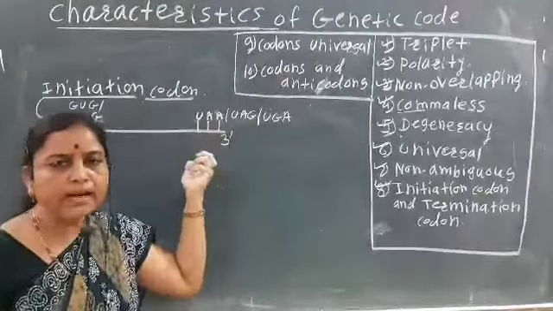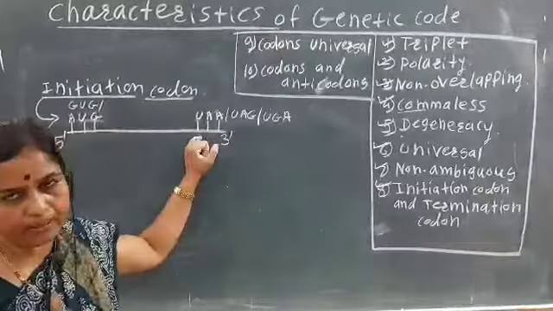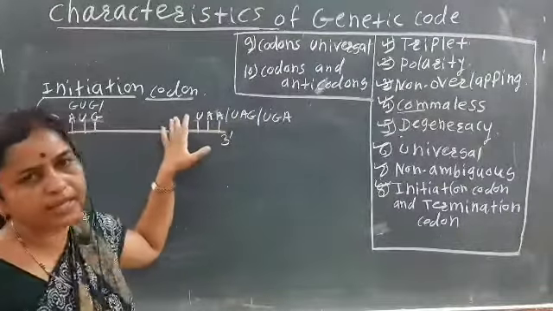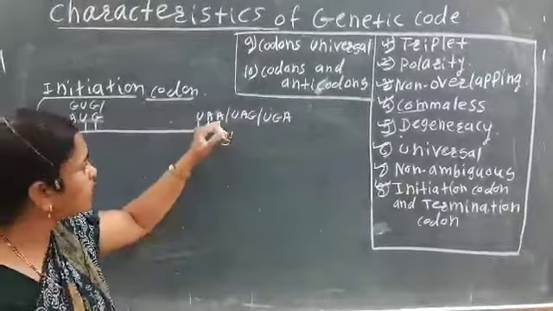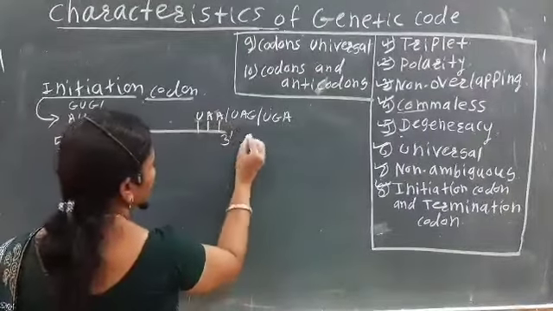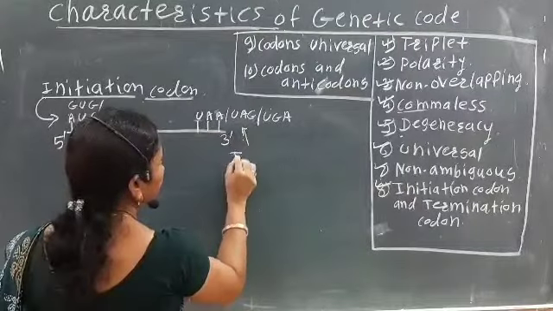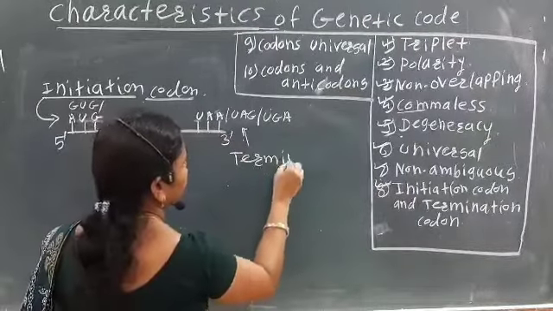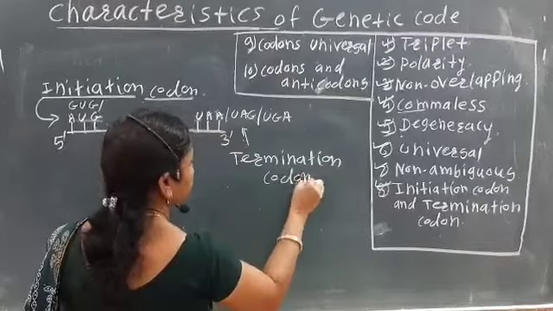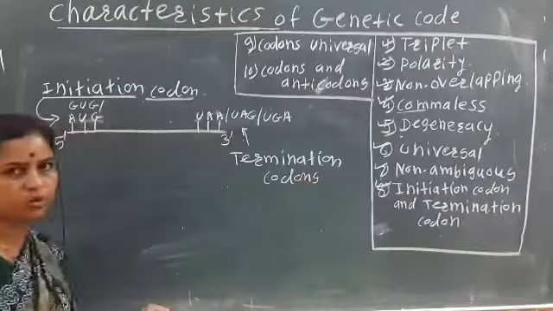These three codons, they are always present at the 3' end. याच्या व्यतिरिक्त हे तीनही कोडॉन मध्ये कुठेही दिसणार नाही. ओके, so these three codons are known as the termination codons.